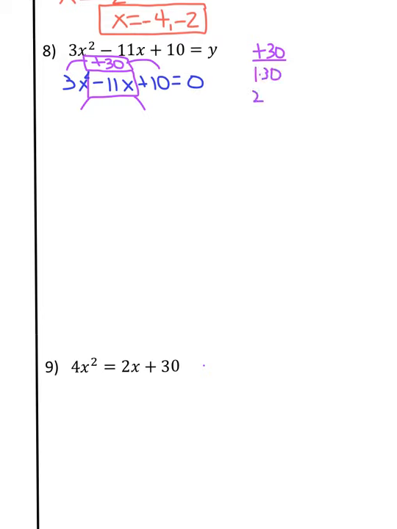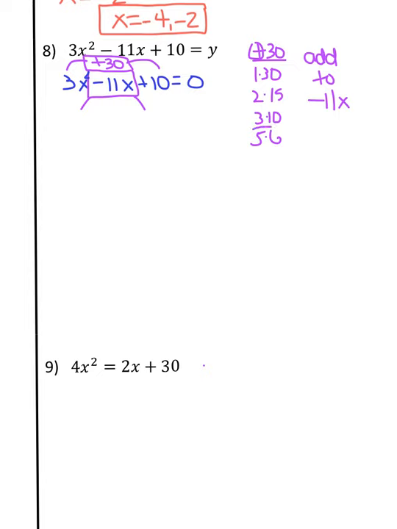1 times 30, 2 times 15, 3 times 10, 4 does not go in, and 5 times 6. It is positive, so that means we're adding, and this time we're going to add to negative 11x. That means both of them are going to be negative.